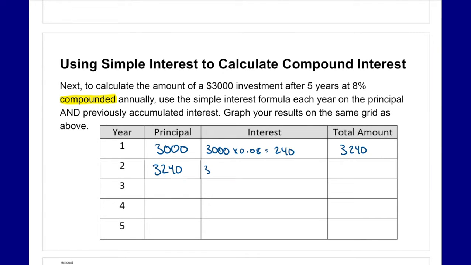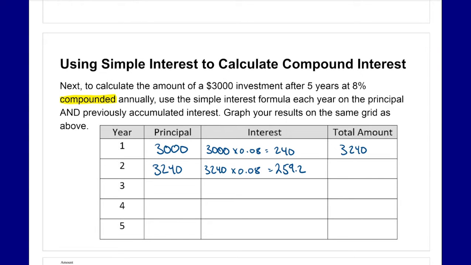So now we have 3,240 multiplied by 0.08, which gives us how much interest we're earning. So again, the formula is not changing, just our principal is. So we get $259.2. So we're earning an extra $19.2.